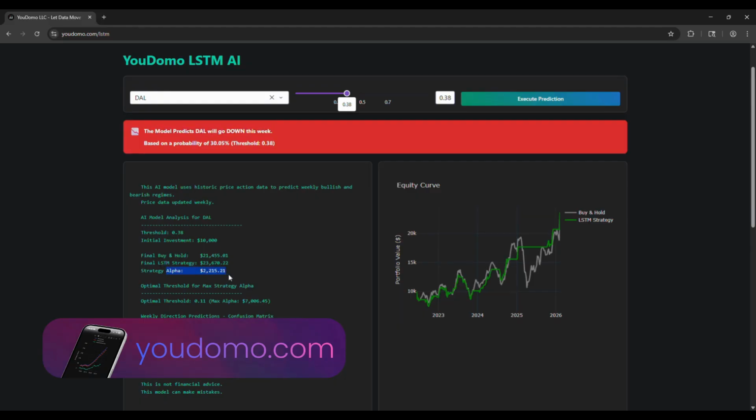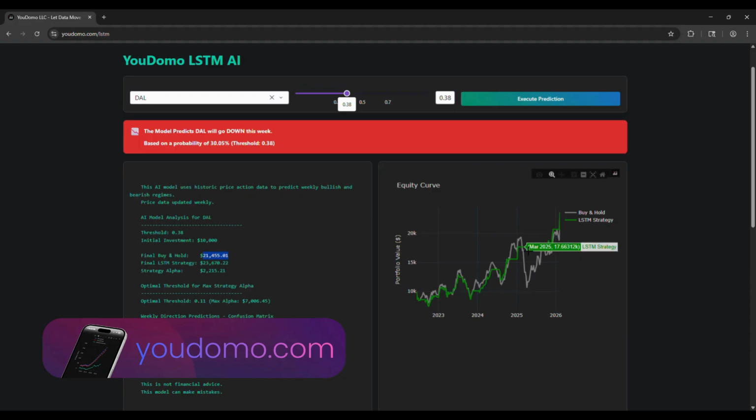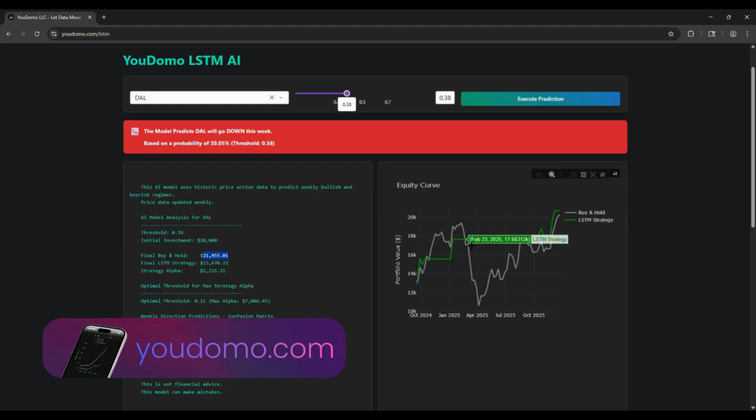The AI strategy turned $10,000 into $23,000, an alpha of $2,200 compared to a buy and hold strategy, which turned $10,000 into $21,000 on Delta stock. So here, a decent historic backtest for Delta. It actually exited Delta stock in February 2025 when the stock dropped. So good exit from there.